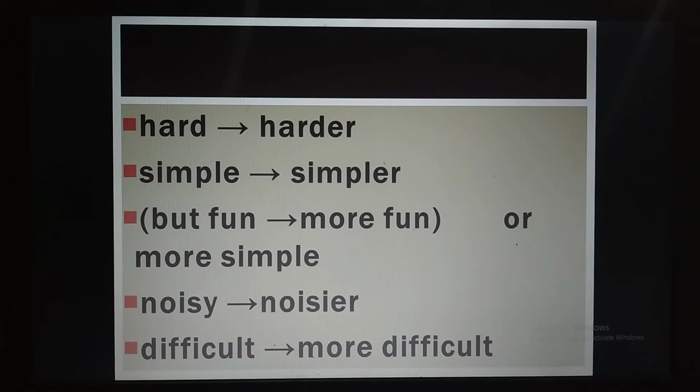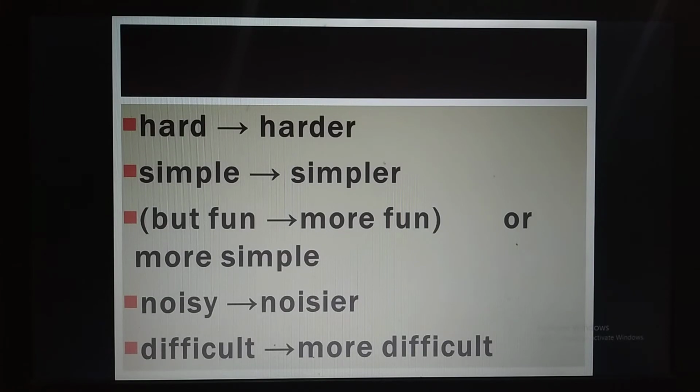Okay, simple to simpler, but fun to more fun, or for simple, simpler or more simple, and then noisy to noisier, and difficult to more difficult. Okay, so there are some adjectives that you just add ER at the end of the word, and also some we use more or less.